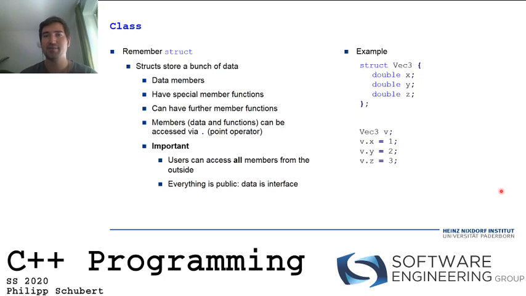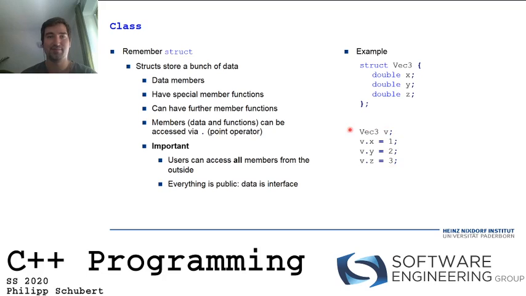Here's a small example. If you have a struct vec3, which you use to model, I don't know, a vector from mathematics, R3 vector space, so 3 points in the vector space, xyz. You have 3 double variables x, y, z, and then you can create a variable v of type vec3, and access the individual data members using the point operator, and set them to some initial values.